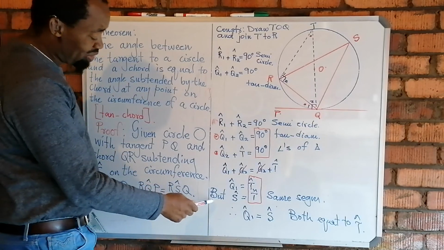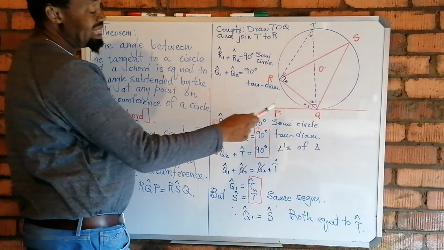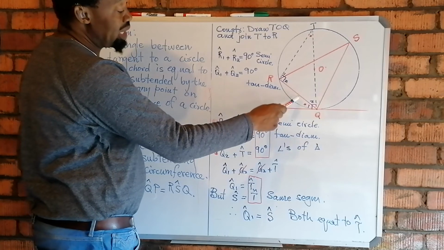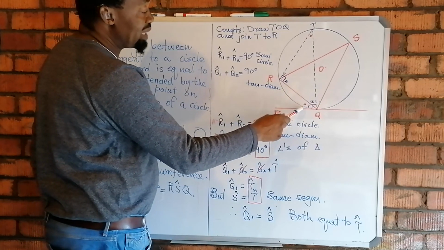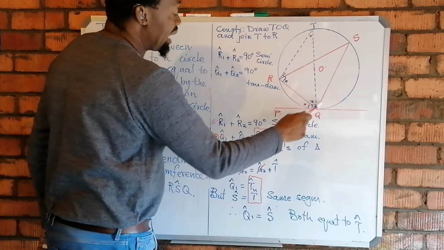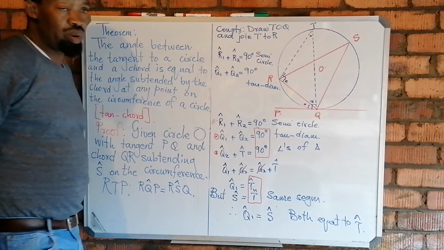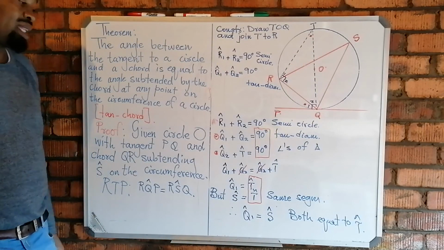We have proved that indeed the angle between the tangent and the chord is exactly the same as the angle subtended by the chord on the alternate segment.